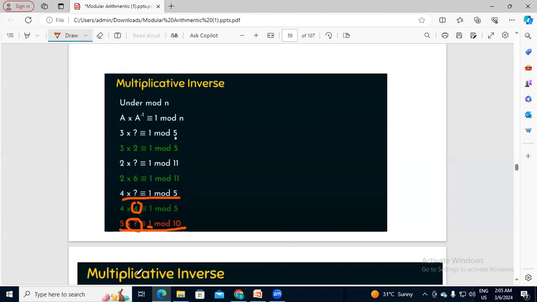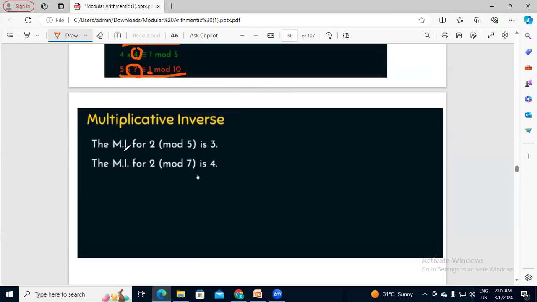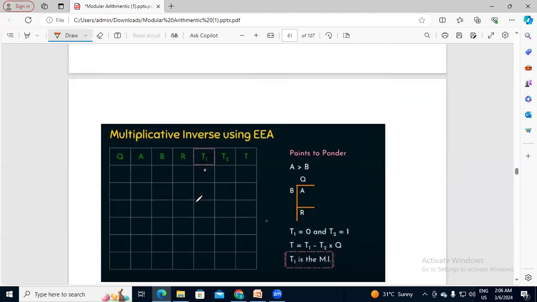Okay. So how it is written? Multiplicative inverse for 2 mod 5 is 3. Multiplicative inverse of 2 mod 7 is 4. In that way it is written.